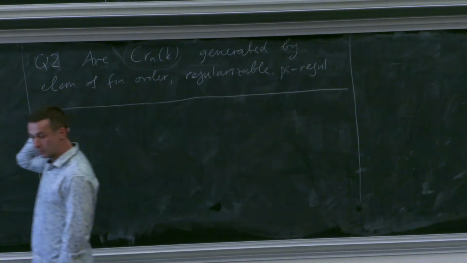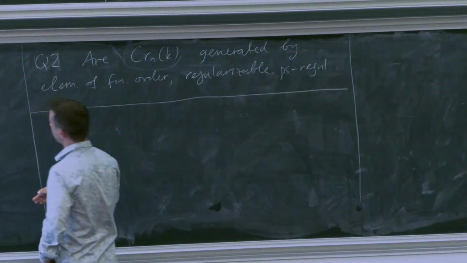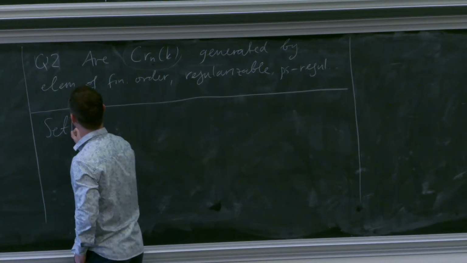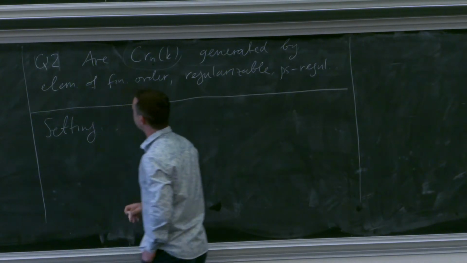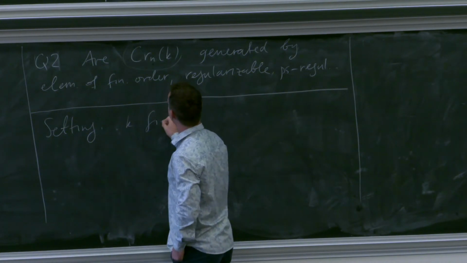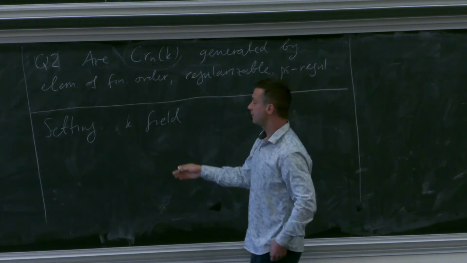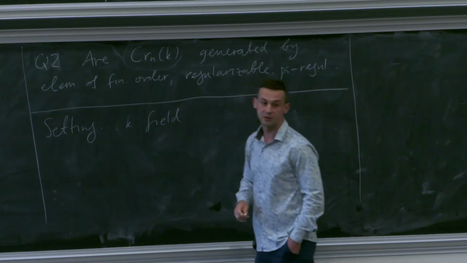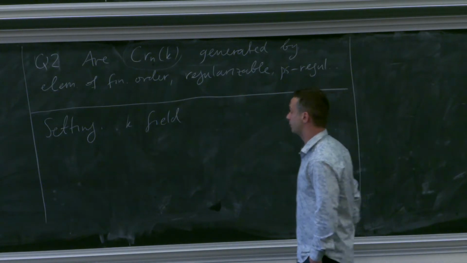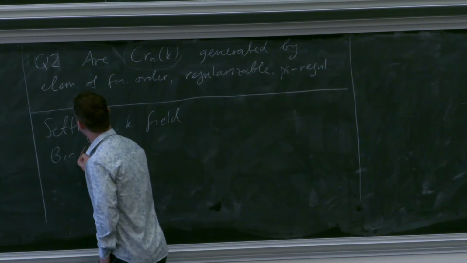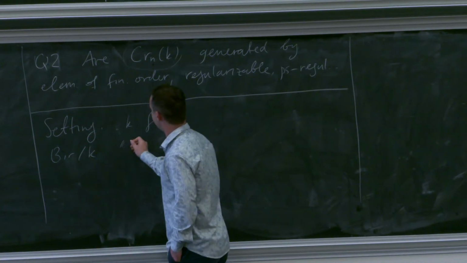So I need some setting. To define the invariants, I'll recall the category we work in. We take any field, and again, as in Christian's talk, because this is such a general definition, there are no assumptions on the base field. It's a formal construction. We'll look at a category of birational types.